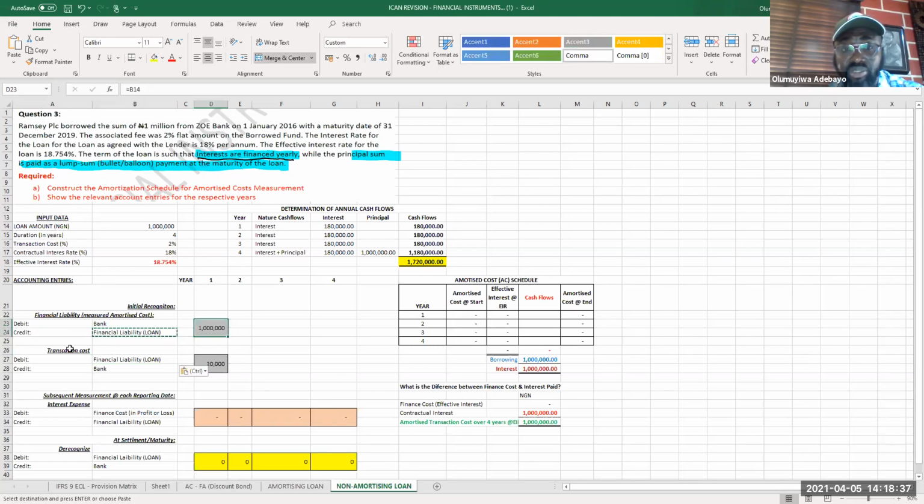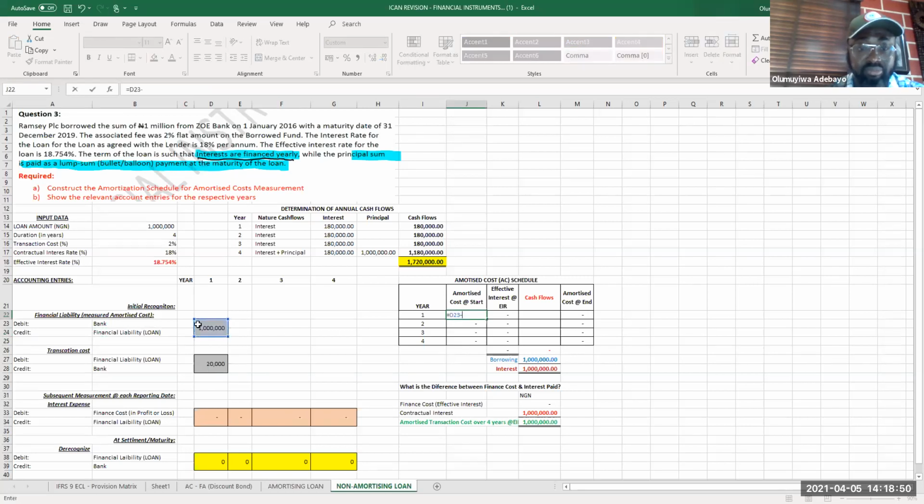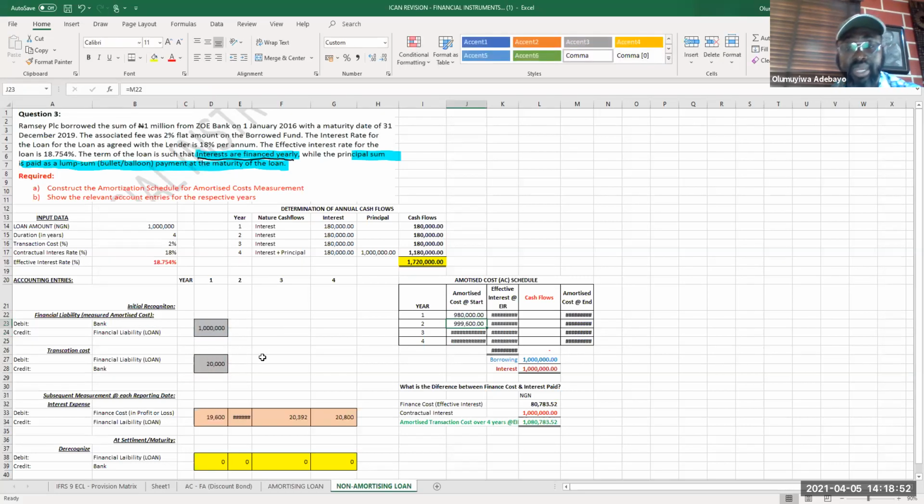And the transaction cost, since we measure it at amortized cost, will be used to reduce that by deduction from the fair value. And that's what we have done. Invariably, what we have is 1 million minus 20, which is 980.